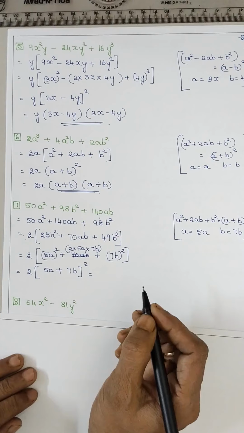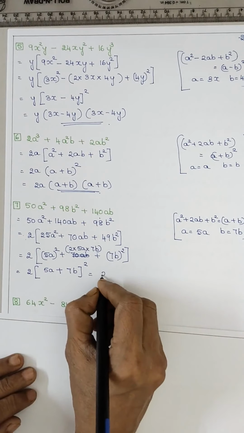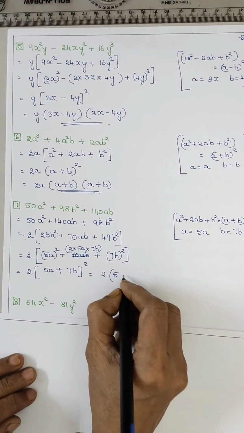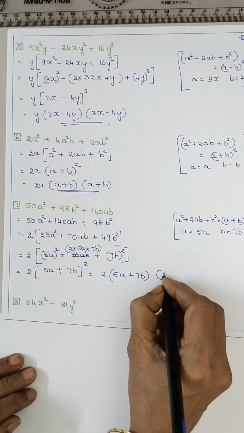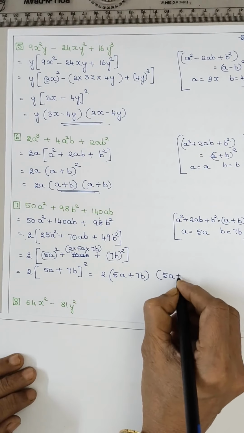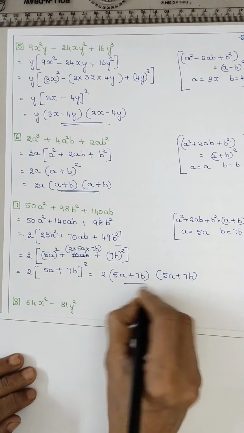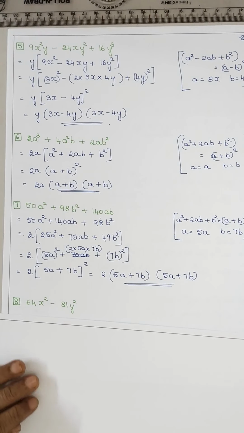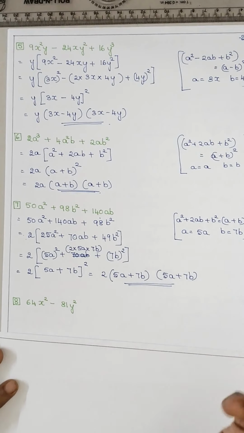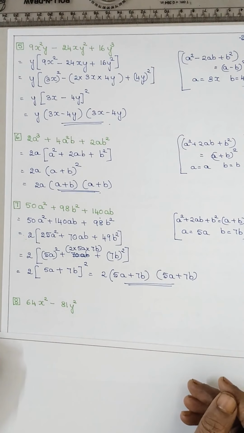That means it is 2 bracket (5a plus 7b), (5a plus 7b). Since it is a square, you have to write it twice separately. Is it okay? So till here we have discussed all the sums regarding the first and second identity.